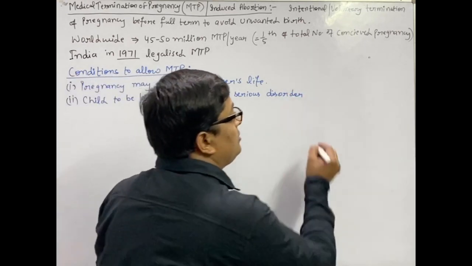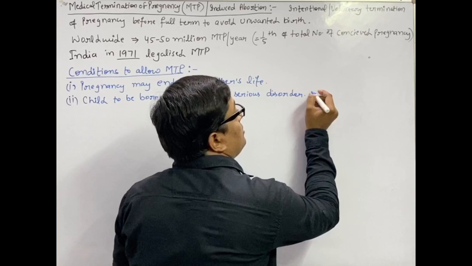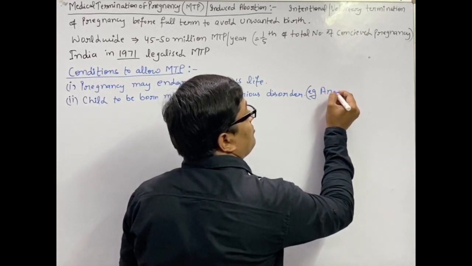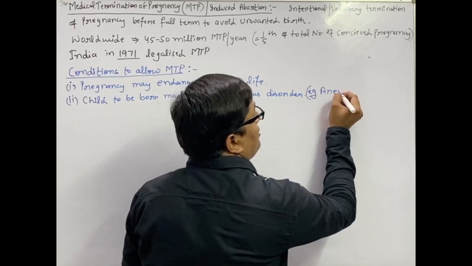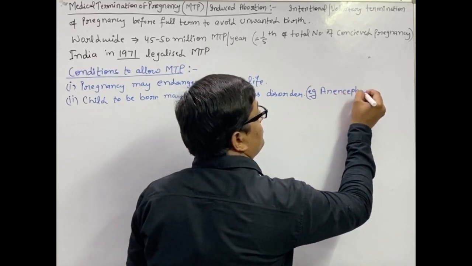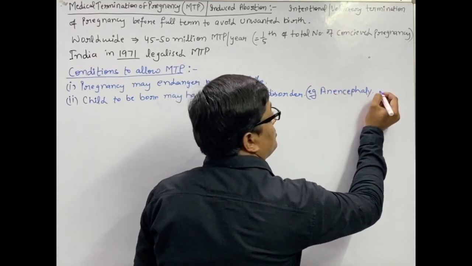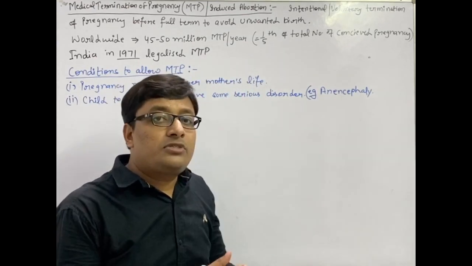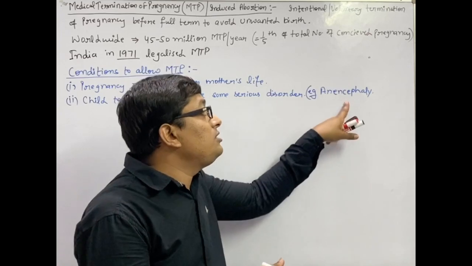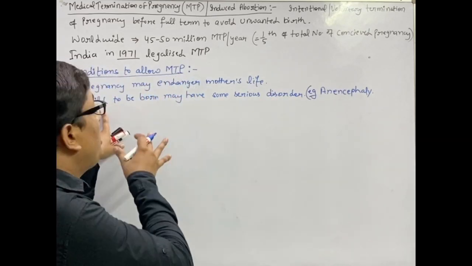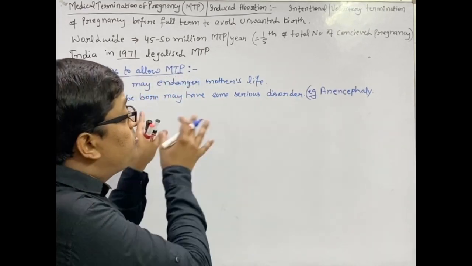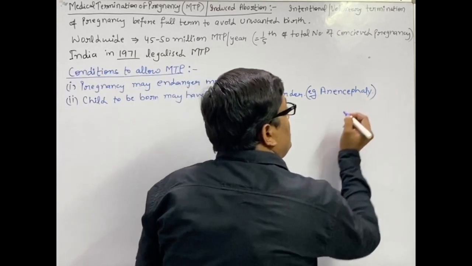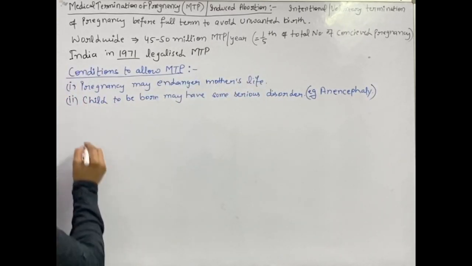An example is that the child can be suffering from anencephaly, in which part of the brain or skull is absent in the embryo. In this case, the MTP is allowed.